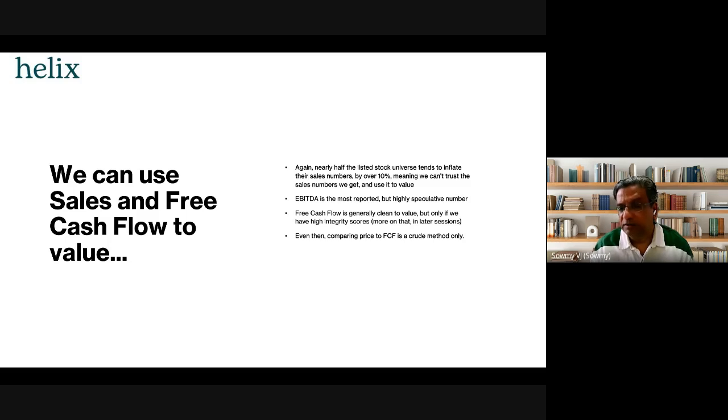So if you had to use free cash flow to value a company, the best method would be to compare the weighted average cost of capital to the free cash flow margin, and see if there is what we call an economic profit. So cost of capital is, let's say, 8%. Free cash flow margin is 12%. So there is an economic margin of about 4% there.